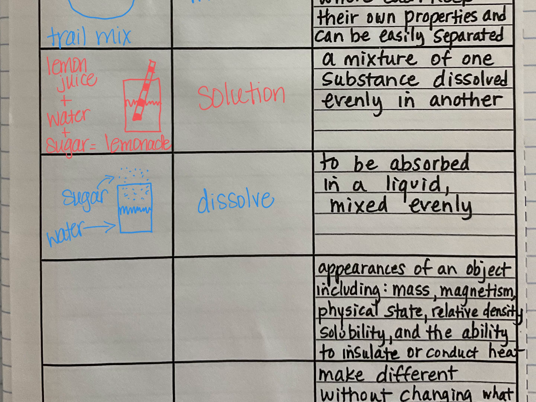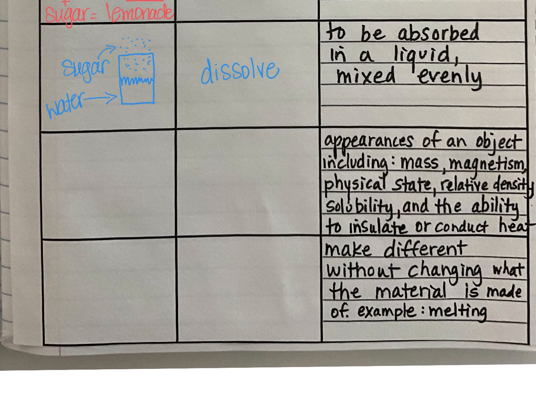Okay, our next word that we're going to write is, let me change my color real quick, property. Property: the appearances of an object, including mass, magnetism, physical state, relative density, solubility, the ability to insulate or conduct heat. So we're just going to draw a picture of a magnet and some nails.